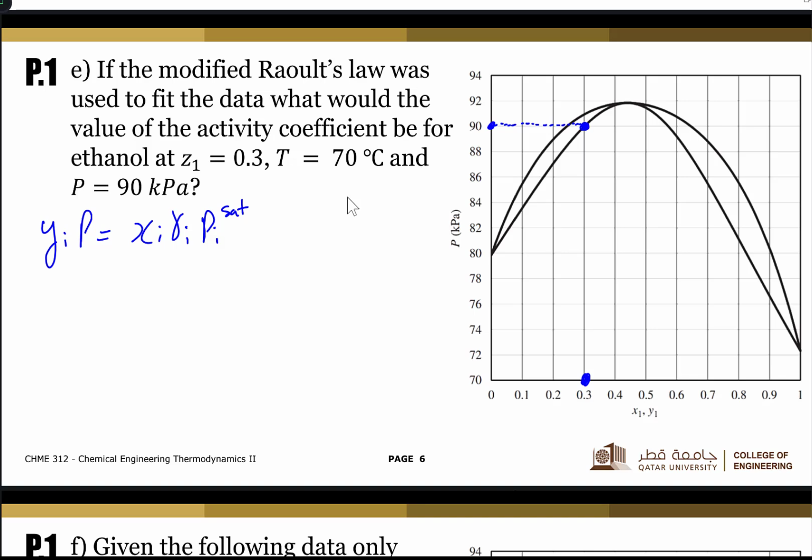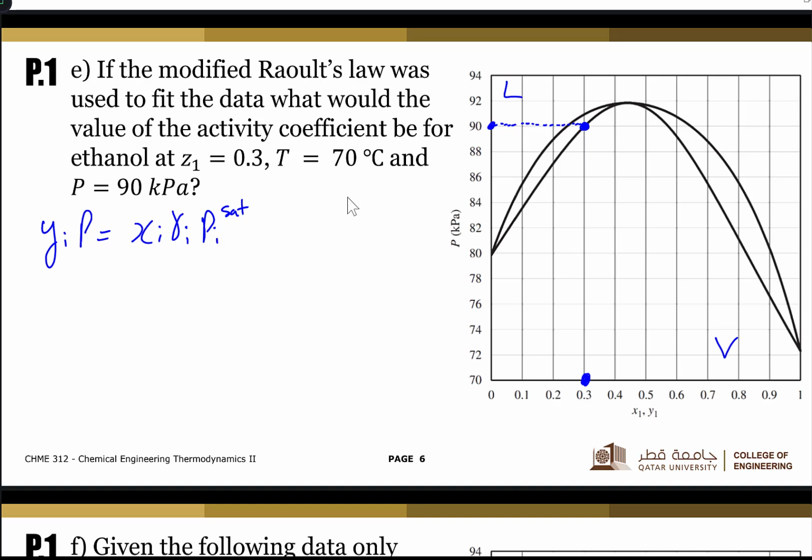Is this the mole fraction? So here we have all liquid. Here we have all vapor. So in this case, I'm closer to the vapor side. I'm asking about the mole fraction, 0.3. Yeah, it's z1. It doesn't tell you what the phase is. The problem is telling you this is the overall composition. Is it liquid?